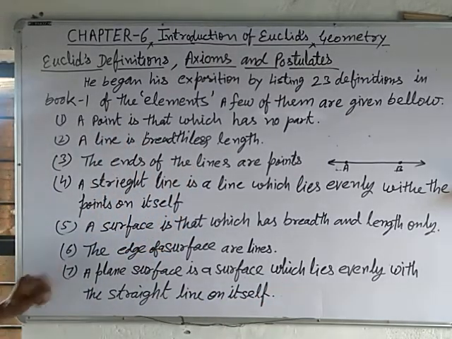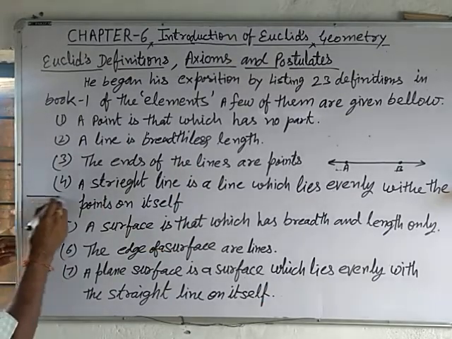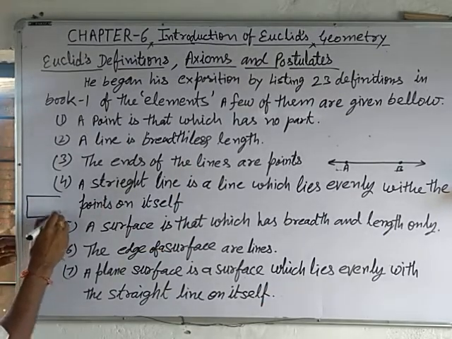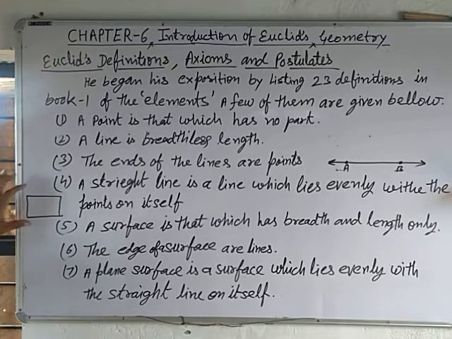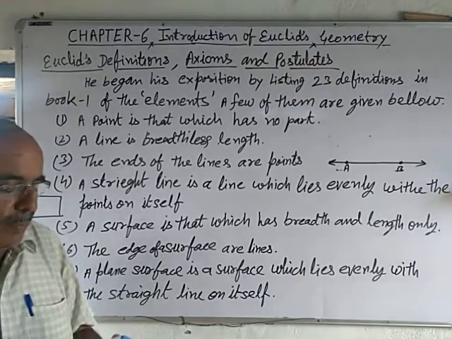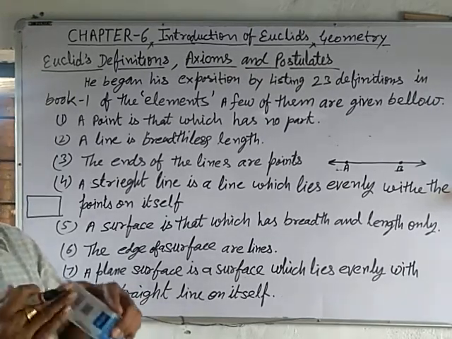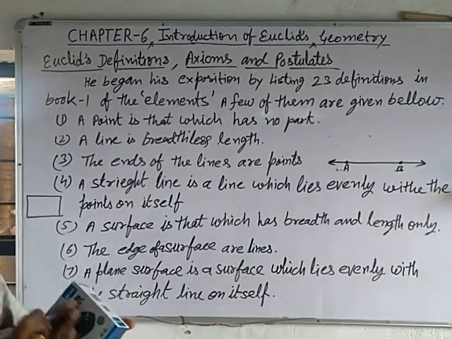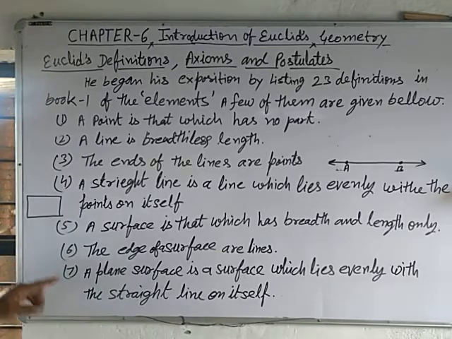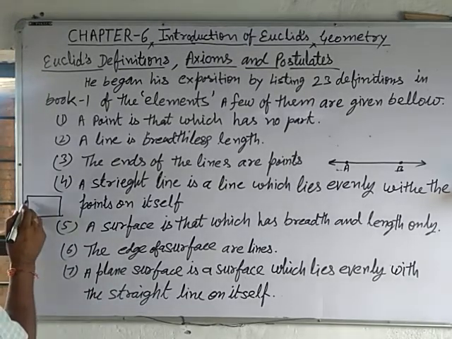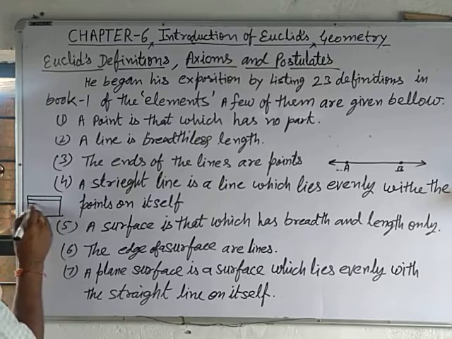It means this is a surface. This surface becomes uneven or even. If it is plane, then the lines are straight.